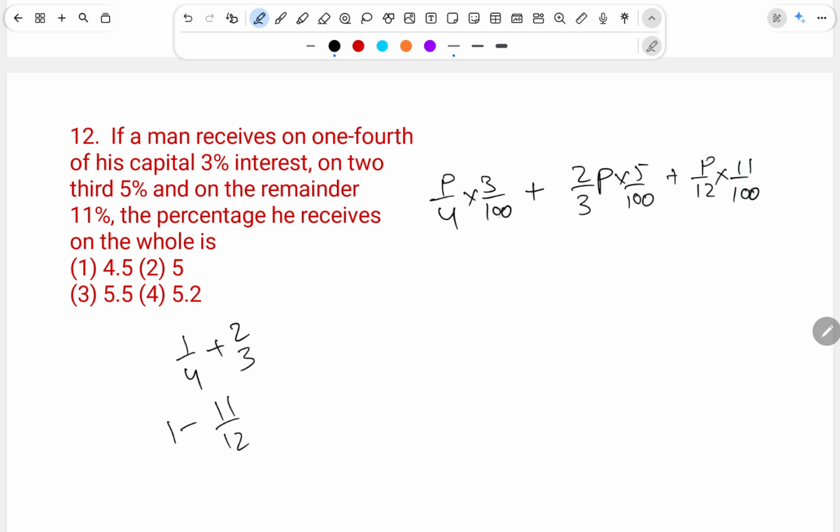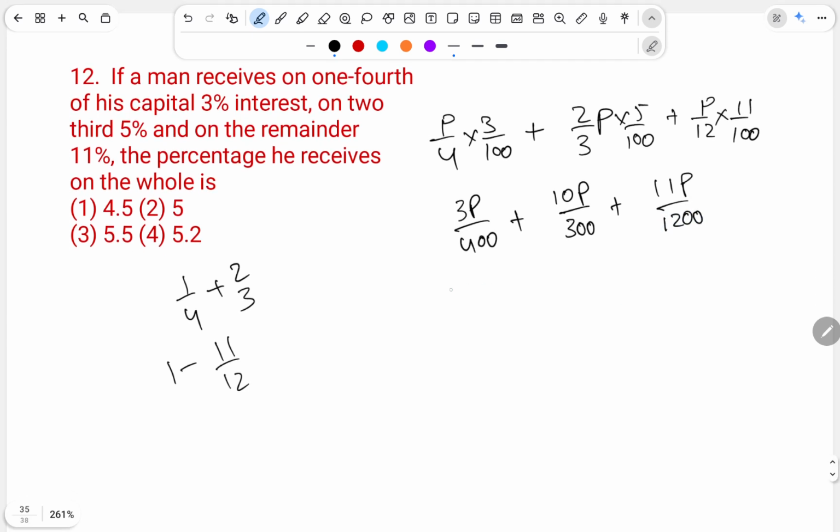This becomes total 3P by 400 plus 10P by 300 plus 11P by 1200. Suppose if I remove P by 100 as common: 3 by 4 plus 10 by 3 plus 11 by 12.